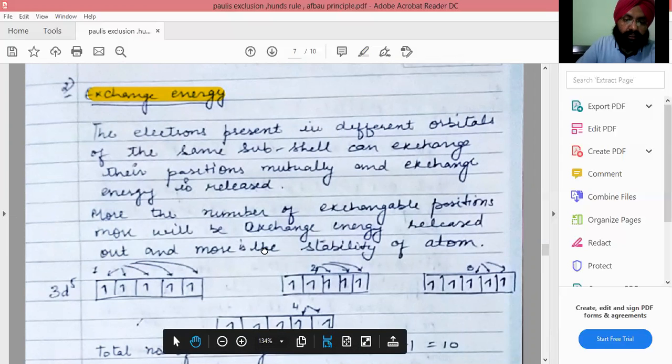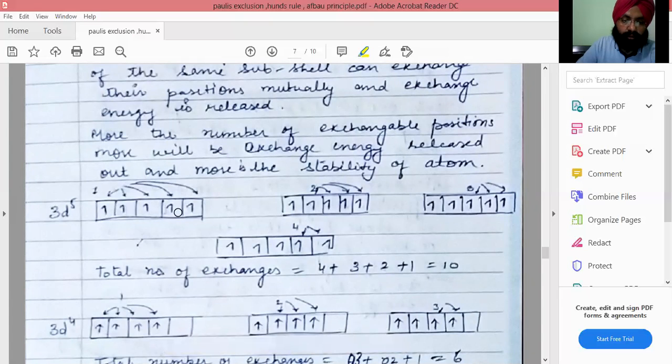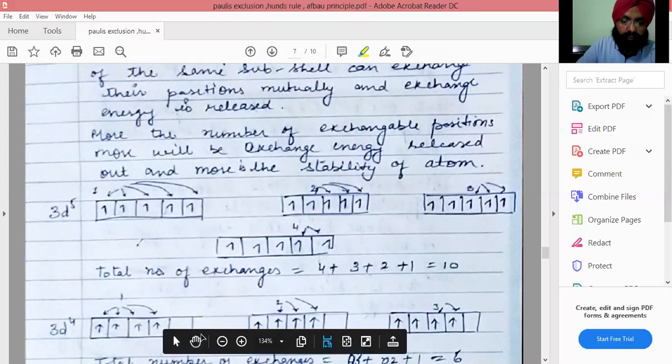So here is an example of 3d5. 3d5 means half-filled orbitals. Degenerate orbitals are all half-filled. The first figure shows 4 positions for the first electron to exchange: the second, third, fourth, and fifth orbital. In the second, there are 3 positions for the second electron.